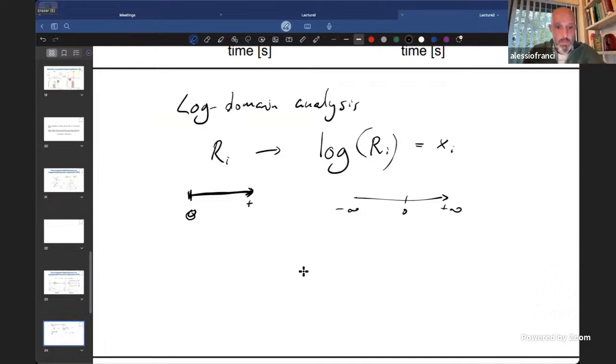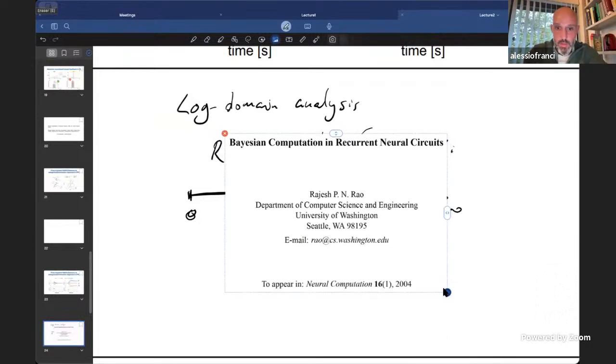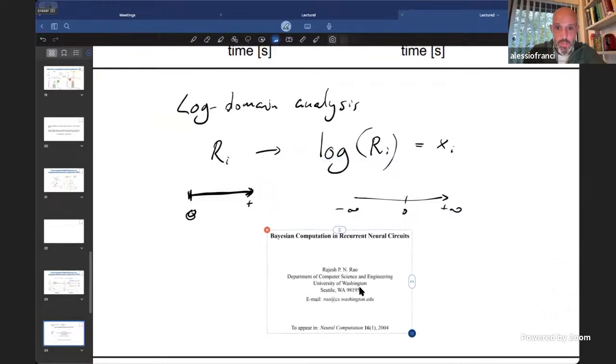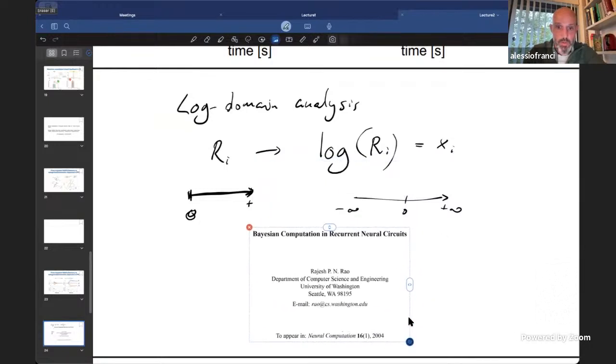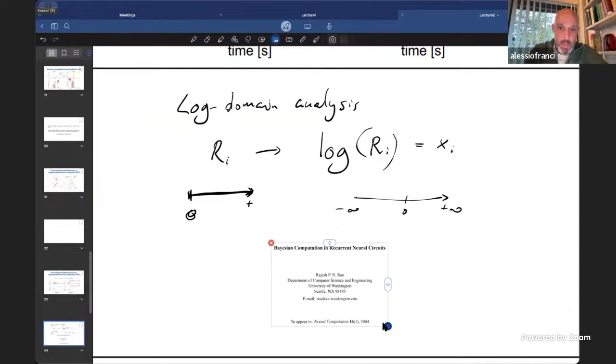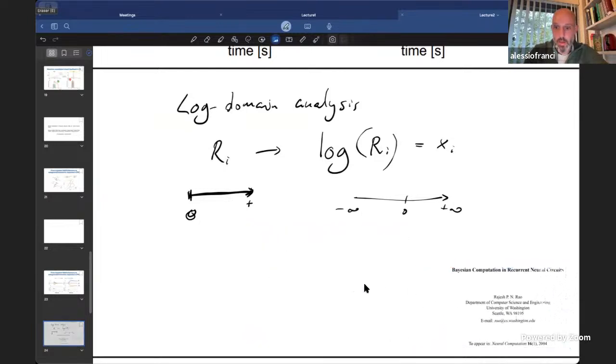In Bayesian inference, taking the logarithm is very natural because Bayes' rule works with multiplication and division, and so if you take the log of multiplication and division, you get sums and subtractions.